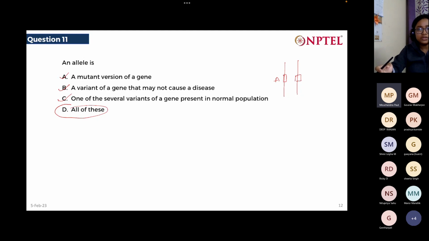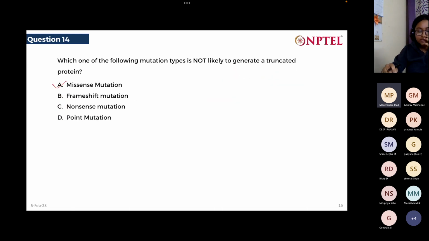From question number 11, could everyone understand the questions from question number 11 onwards? Yes, you can go ahead. Okay.